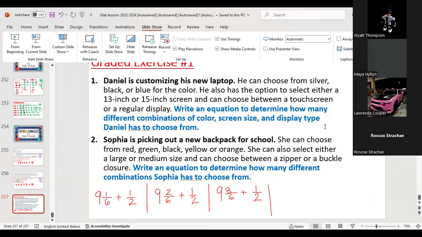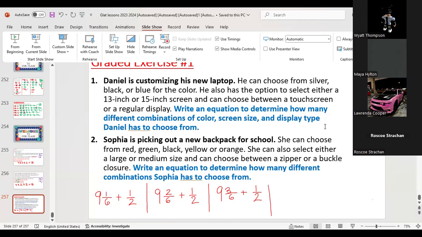Maya, what number are you on? I'm answering number 2. Okay. And Lorenda, what number are you on? I'm about to go into the addition and subtraction of mixed numbers. Mixed numbers, okay. Mr. Petit, does the zipper and buckle count? Yeah, that would be 2. Yeah, they do.